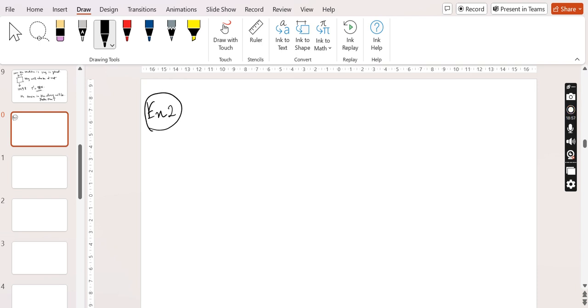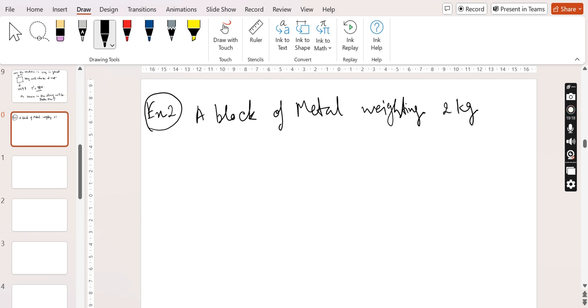Example 2. A block of metal weighing 2 kg on a frictionless plane.